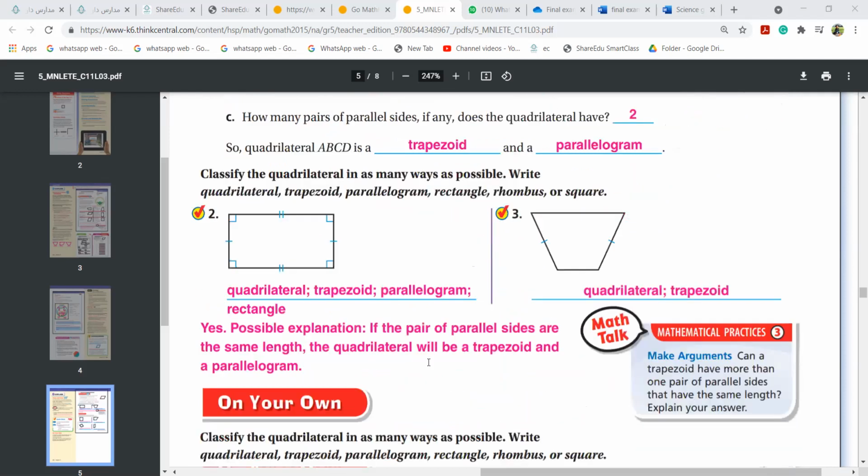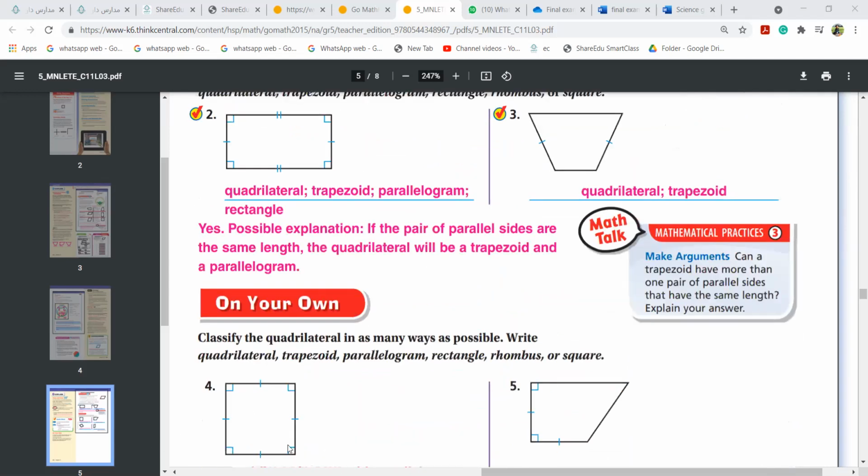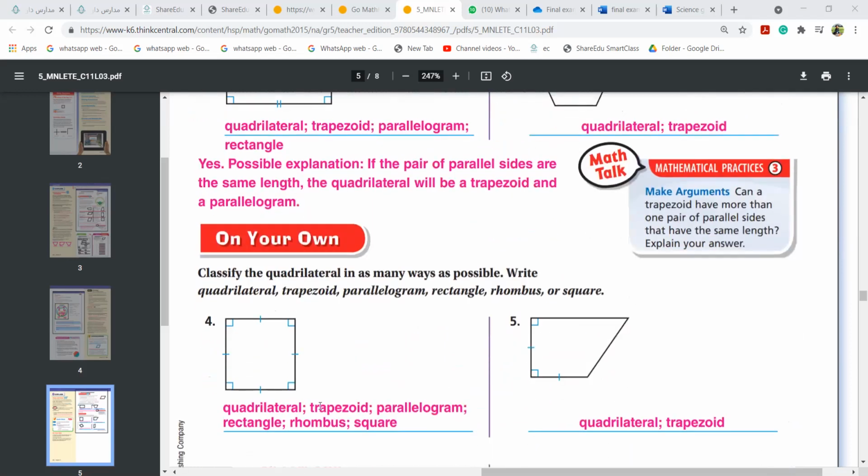Before writing that, I want to ask you, Feroz, what do you see here? First thing, a square, right? Yeah, square. Next, what is it? It's a quadrilateral. It's also a trapezoid, okay? It's a quadrilateral, trapezoid, parallelogram. It's a rectangle.